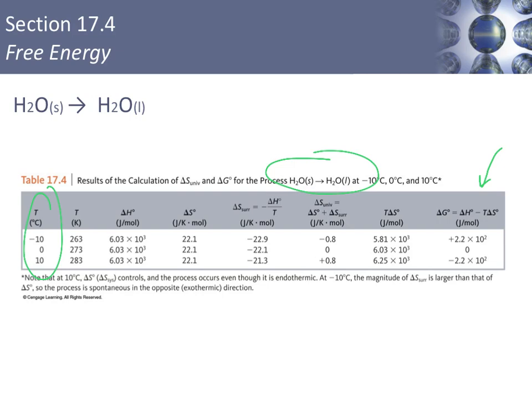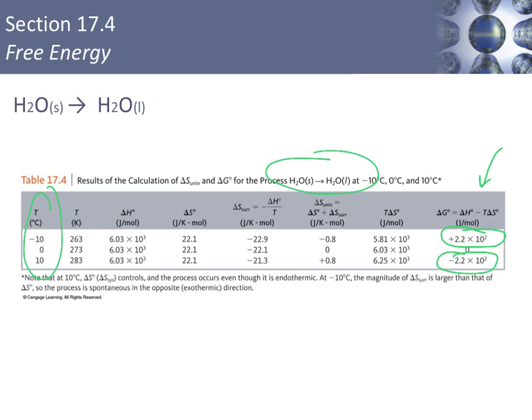It is negative at 10 degrees Celsius. So spontaneous at 10 degrees Celsius. Does ice spontaneously melt at 10 degrees Celsius? Absolutely. It does not spontaneously melt at -10 degrees Celsius.